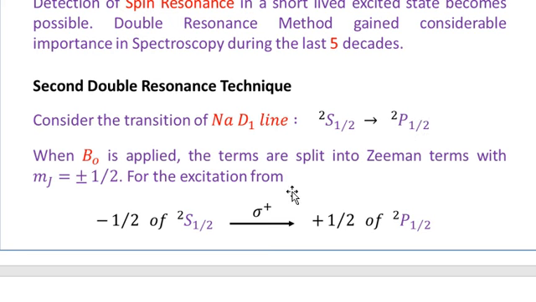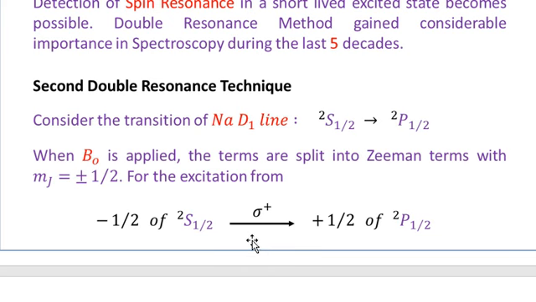So for the excitation we are using the sigma plus line, that is, circularly polarized light will be used for the excitation from the minus 1/2 level of the 2S1/2, that is, from the lowest 2S1/2 level, to the upper Zeeman level of the 2P1/2 level, that is mj equal to plus 1/2 of the P1/2 level.